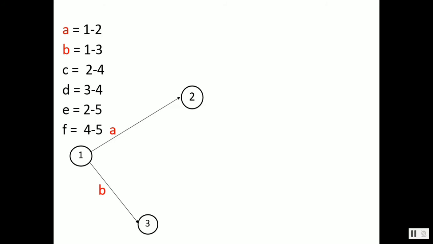Here A and B are red colored to demarcate slide by slide. In the next slide we will add two further activities to the diagram. These are C and D, C 24, D 34.